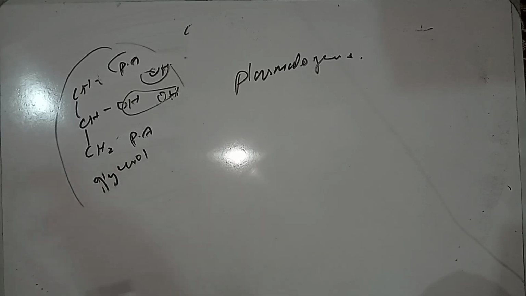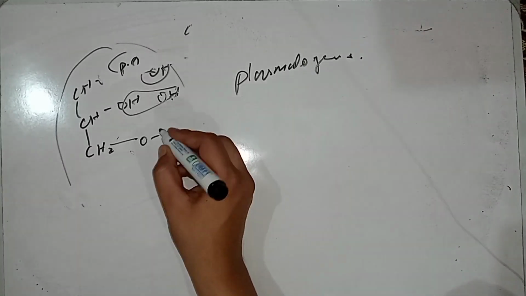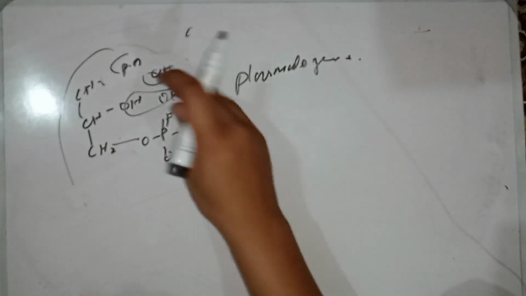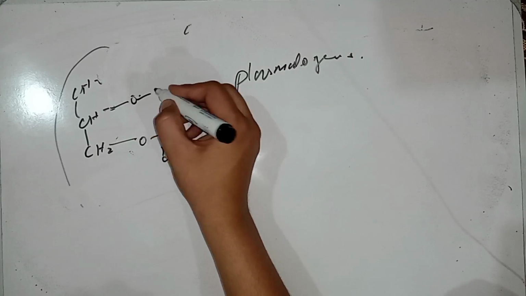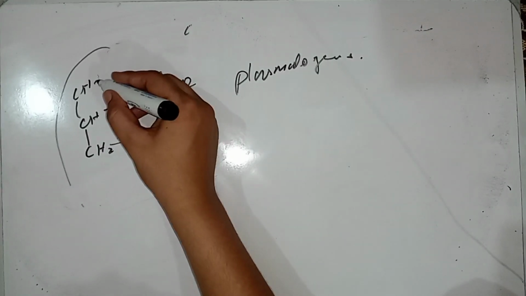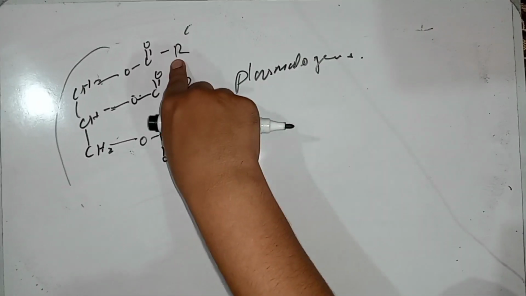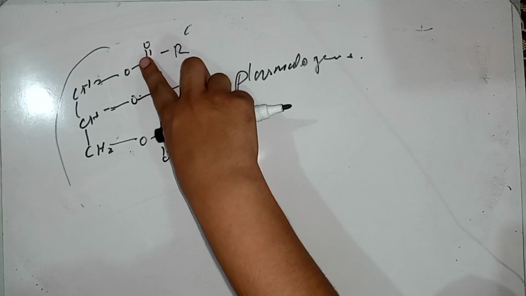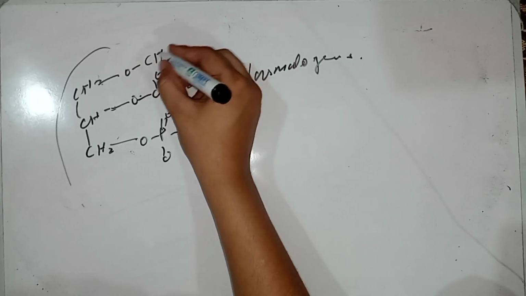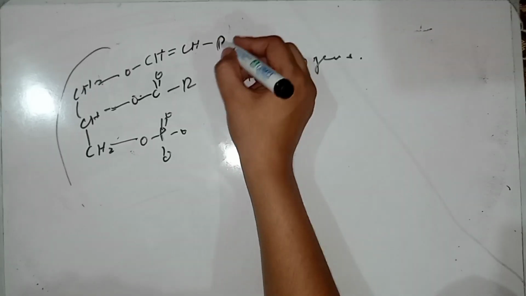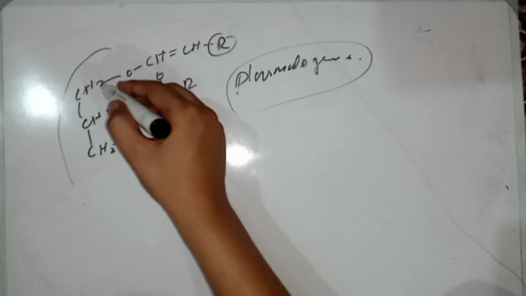These phospholipids are produced when, as we previously discussed, in glycerol here we join the phosphate, and at these two positions fatty acids are joined by ester linkage, O C double bond oxygen R, O C double bond oxygen R. If at C1 we replace this fatty acid by an unsaturated alkene, and its chain continues, then the structure formed is called plasmalogen, and the bond formed here is an ether linkage.